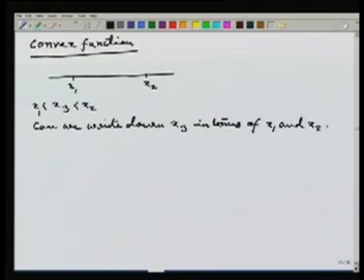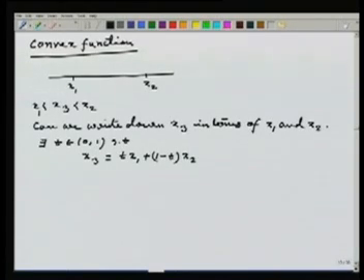Well, it turns out the answer is that there exists a t in the open interval (0, 1) such that x3 = t x1 + (1 - t) x2, which I leave as an exercise for you to verify: given any x3 between x1 and x2, there exists a t in the open interval (0, 1) such that x3 is t x1 + (1 - t) x2.